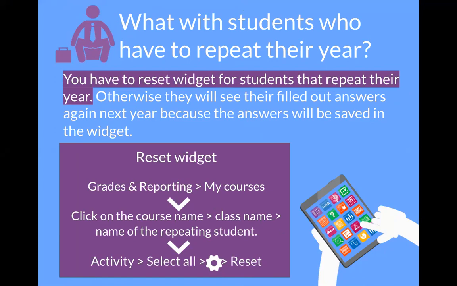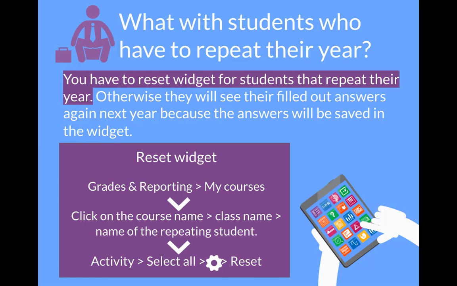As you know, BookWidgets saves and stores the answer of a student, especially when you're working in a learning management system, just to make sure that when a student gets logged out of the widget or there's an internet disconnection, then when they go back to your exercise, their answers are still there and they can just continue to work on it. Of course, that brings with it that if a student repeats a year, their answer will also still be in the widget you've shared with them.